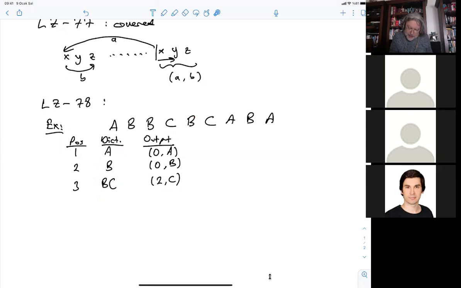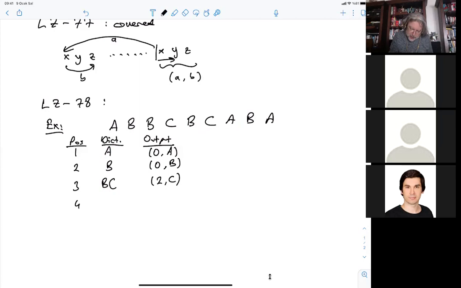Now you see that if you look at B, it is in the dictionary. If you look at BC, it is also in the dictionary. And if you look at BCA, it's not in the dictionary. So it's BCA that we are trying to construct right now at the position 4. The position is not critical, it's automatic, as I say.